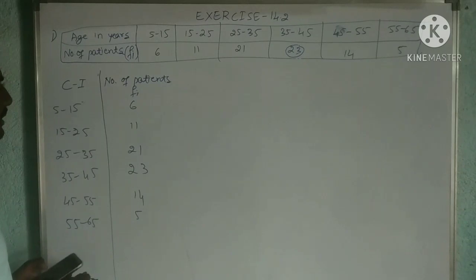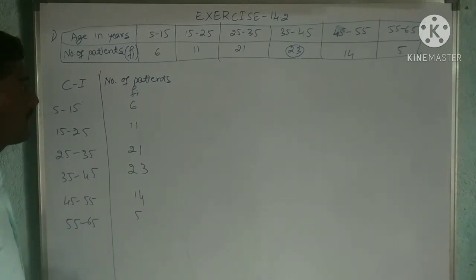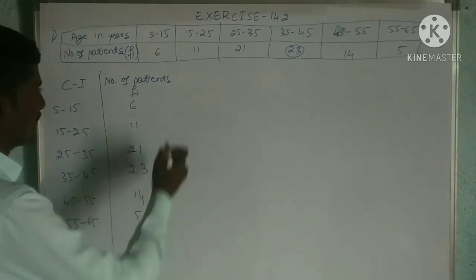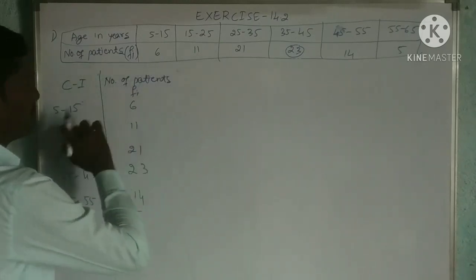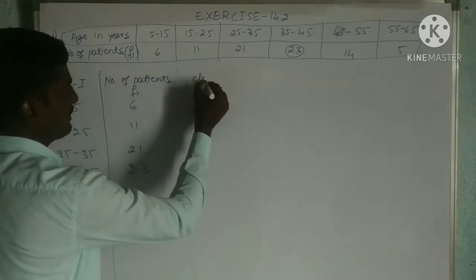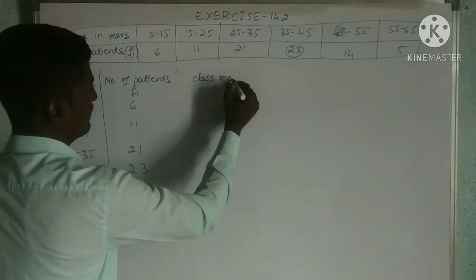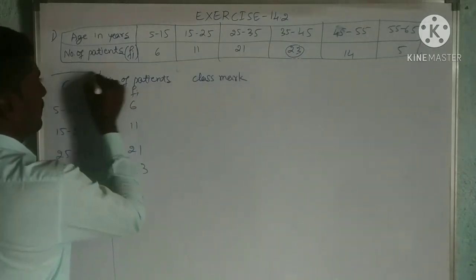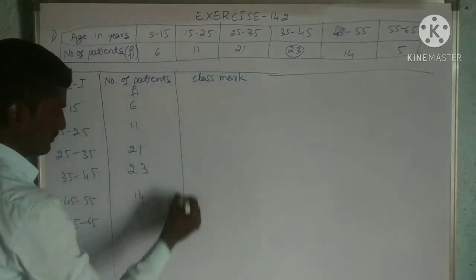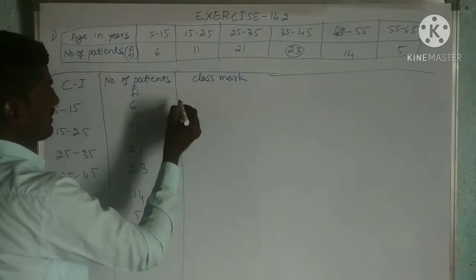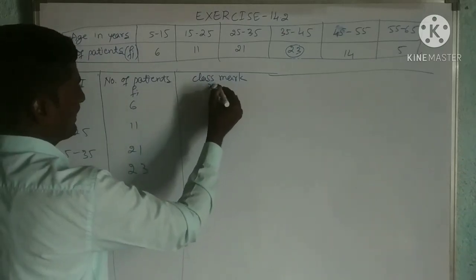Now we have to find the mean. For that I need the next column: midpoint or class mark, that is xi.